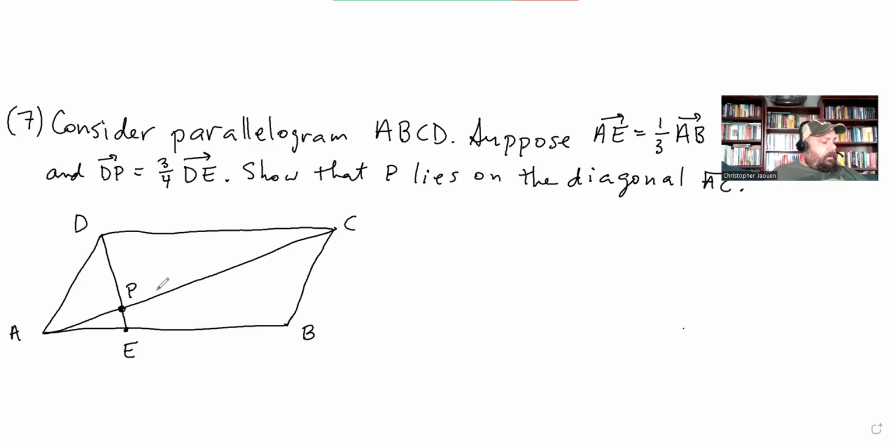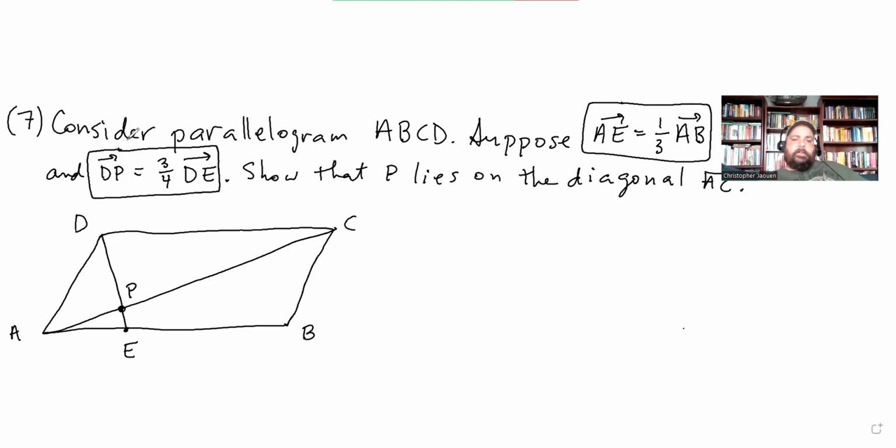So in order to do that, we're going to use the information that they gave us. So this part here and this part here. We're going to have to write everything in terms of side AE and DE, I think, either AB or AE and either DP or DE.